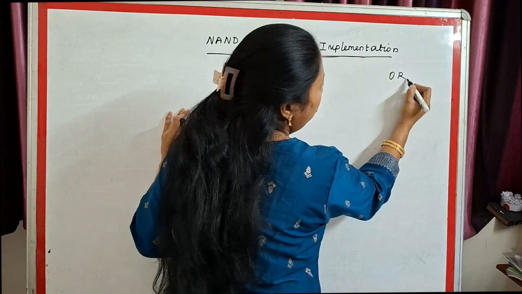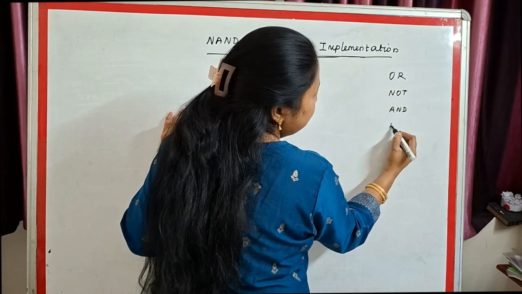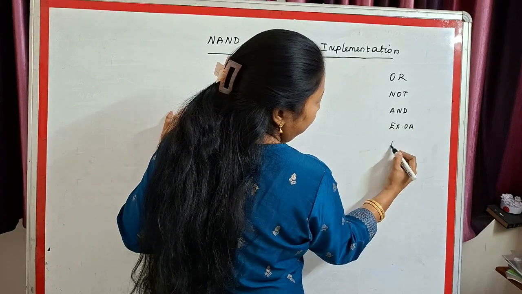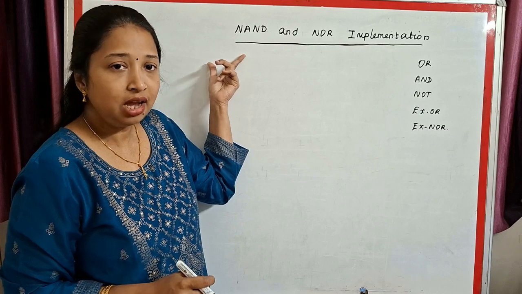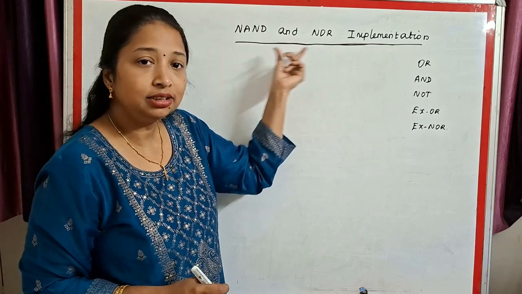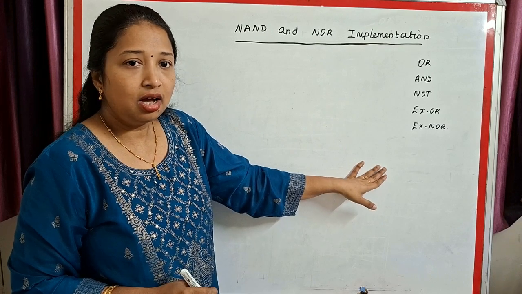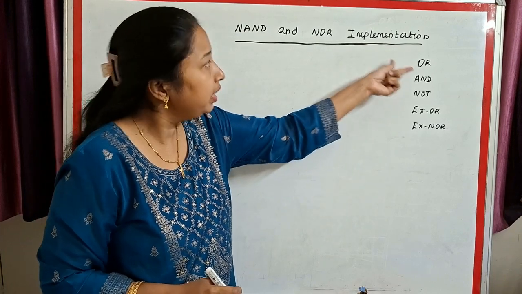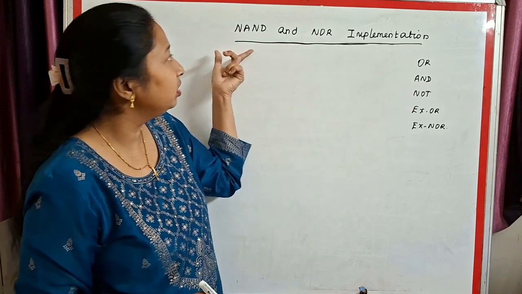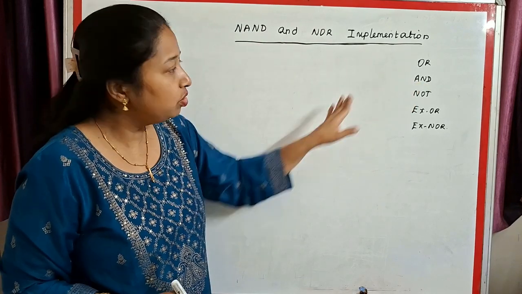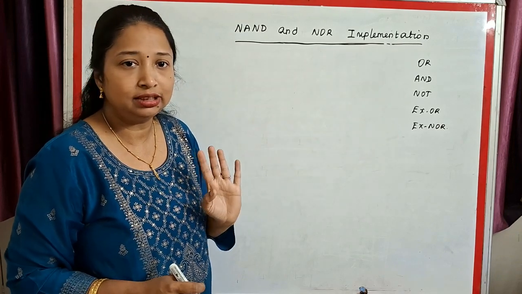We saw about OR gate, NOT gate, AND gate, XOR gate, XNOR gate. In this lecture, we are going to see how NAND gate and NOR gate are used for replacing all these gates. How you can replace OR gate with NAND gate or NOR gate. How you can replace NAND gate with NOR gate or NAND gate. We are going to see how all these gates can be replaced with just these two gates.